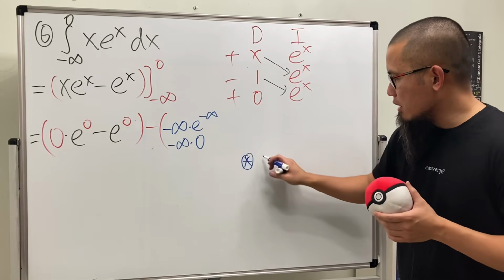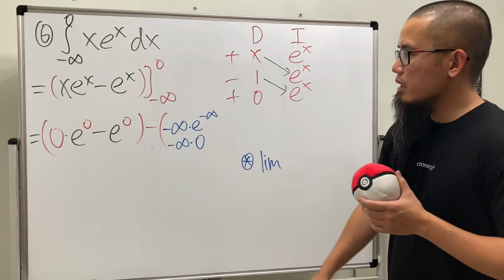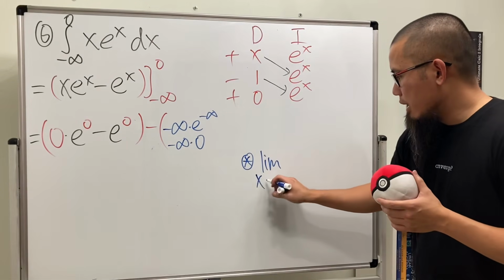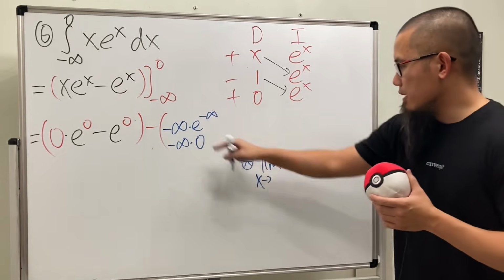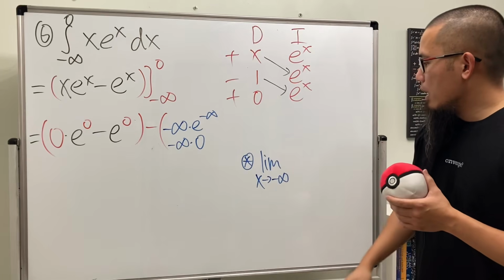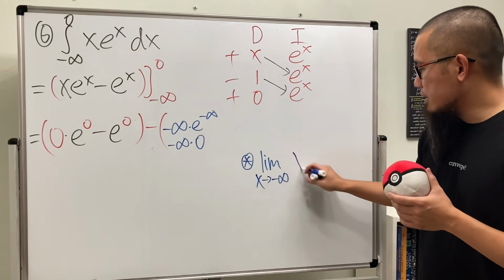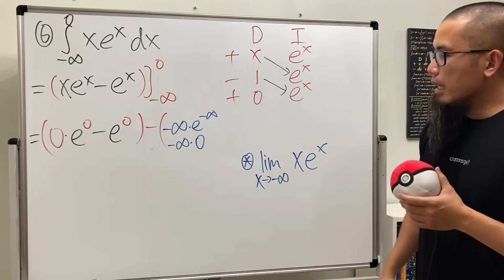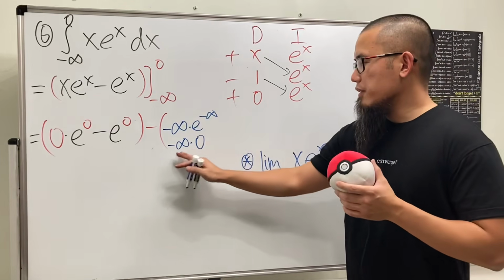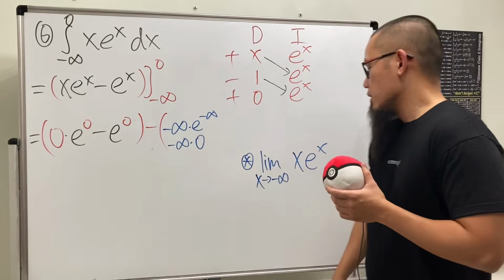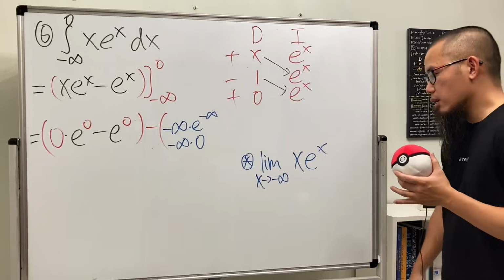Put the star, do the limit, and let's just use x. As x goes to negative infinity, we have x times e to the x. And because this is a negative infinity times 0 situation, we cannot use L'Hopital's rule here.